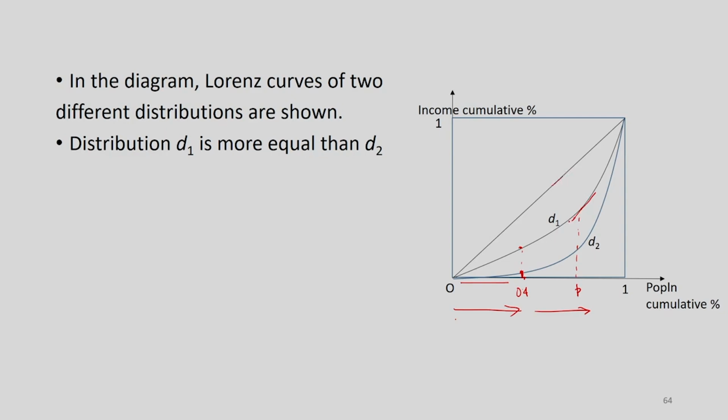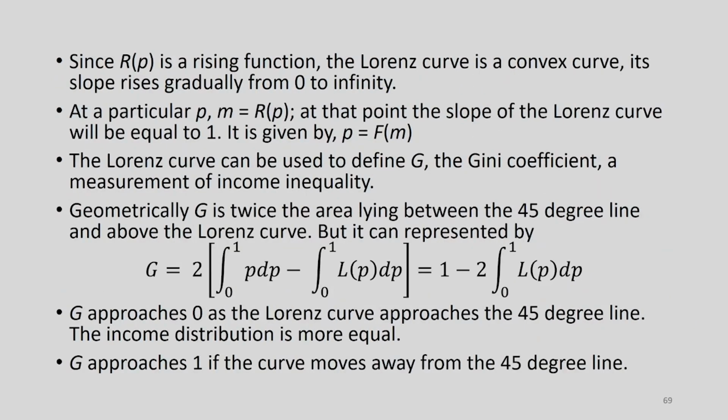This slope and this slope are the same. So that point has a special interest, and that point can be solved by using this relationship, small m is equal to R(p). It can also be solved by this. These two conditions are the same.